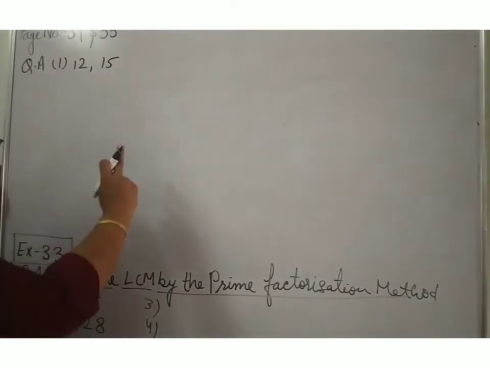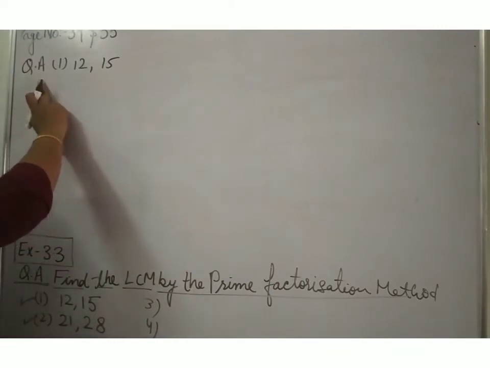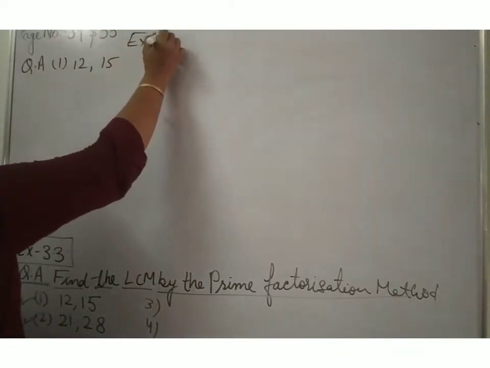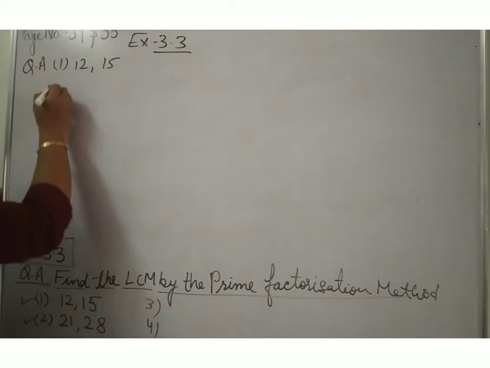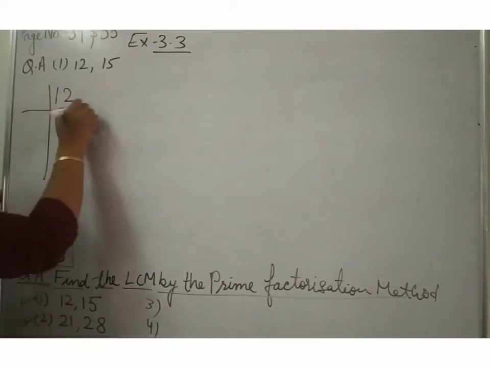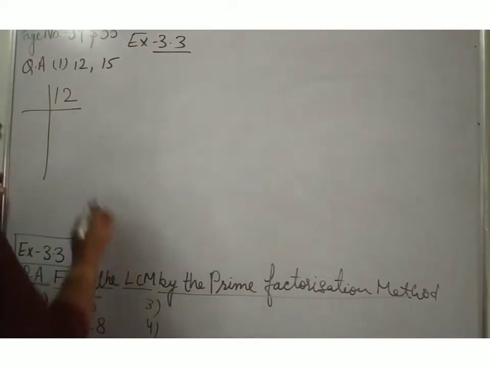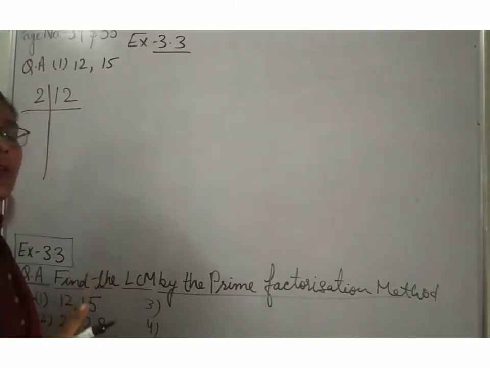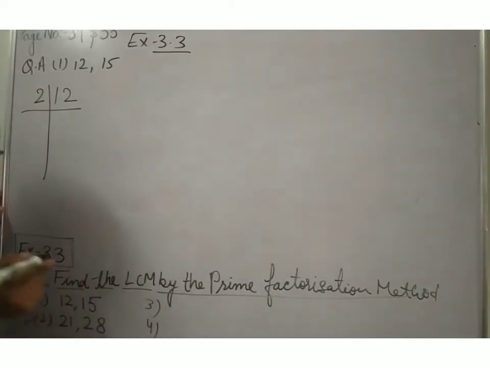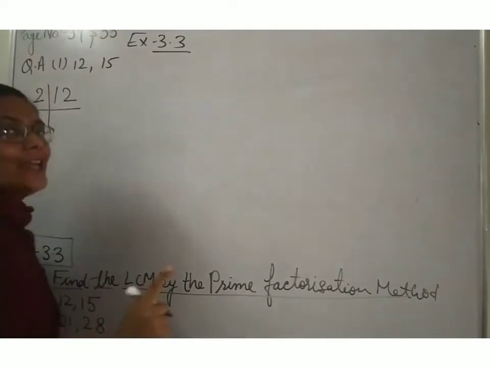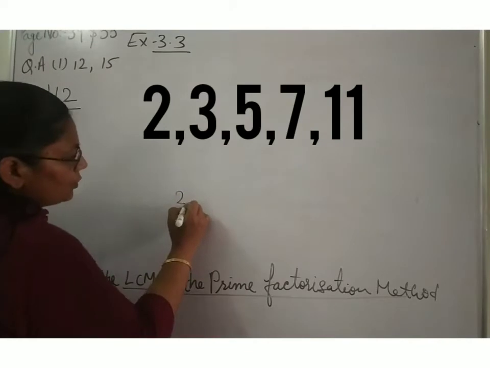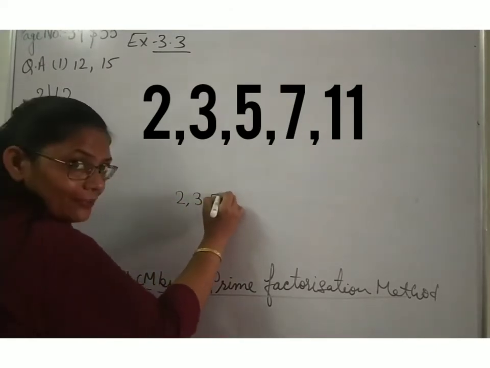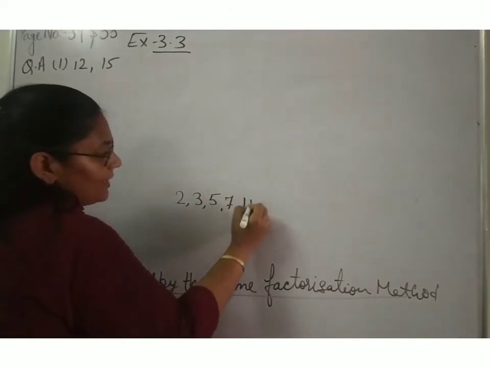Question number 1 of A of exercise 3.3 is 12 and 15. First I will find the prime factors of 12 and 15. I will always start from 2, and you also remember that you always divide the numbers by prime numbers, starting from 2: 2, then 3, then 5, then 7 and then 11.